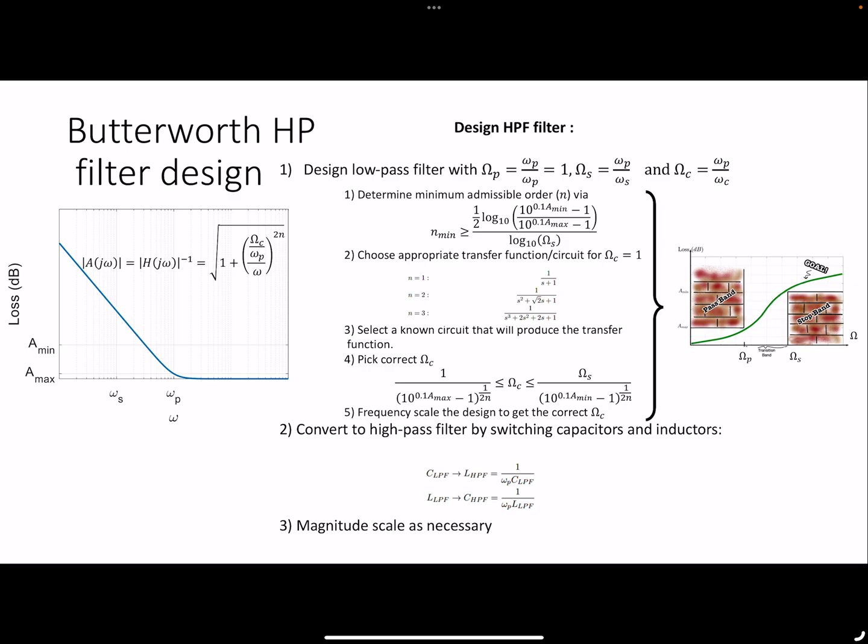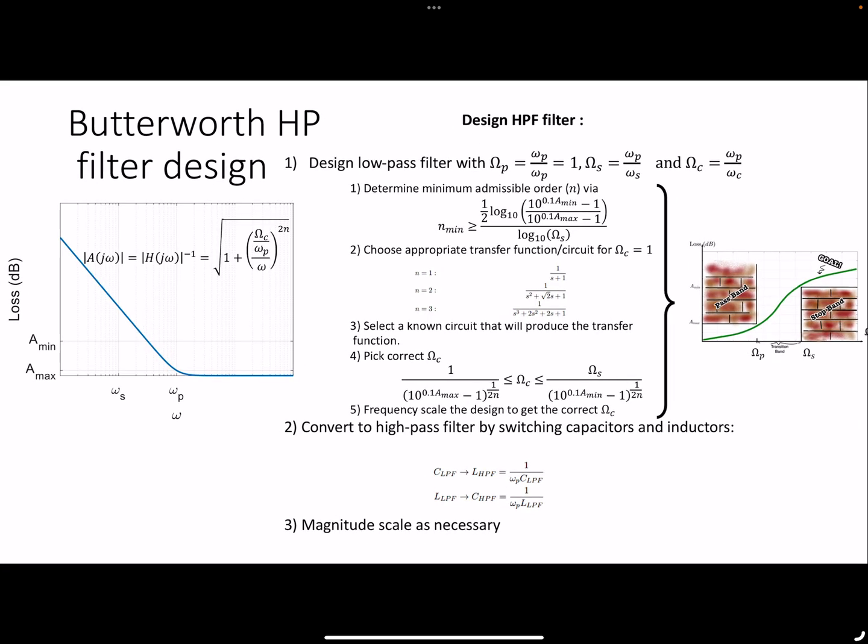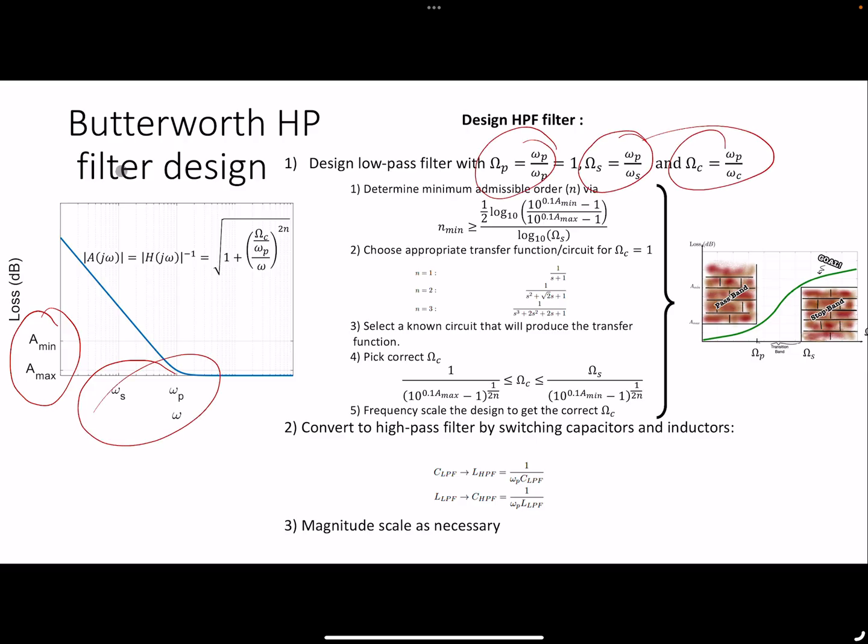Okay, so then once we learned how to design low-pass filters, we started talking about high-pass filters. And we basically said, well, we know how to design low-pass filters. So then we defined a transformation from low to high-pass and from high-pass to low-pass. And so then we said, okay, what we're going to do, if we're given a high-pass filter design, we're going to first convert it to a low-pass filter design problem.